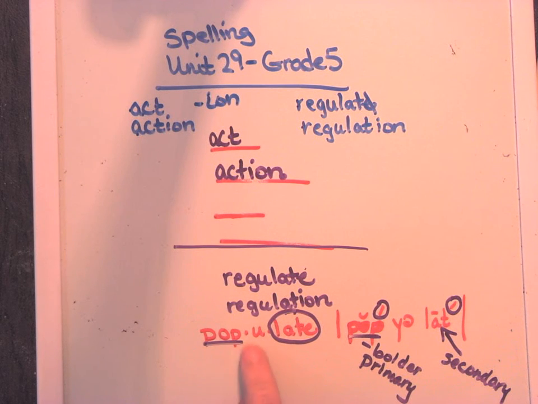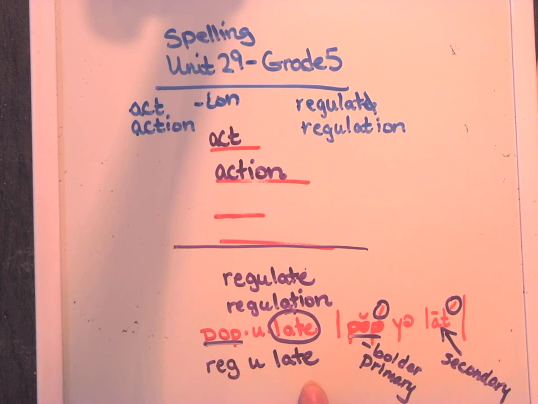This is exactly what you need to do with your other words: regulate, regulation, population, imitation, televised, and decoration. When you look them up in the back, you'll see something just like this. First you'll split it out into syllables, like regulate: reg, you, late. That's how you'll write it on line number 1.